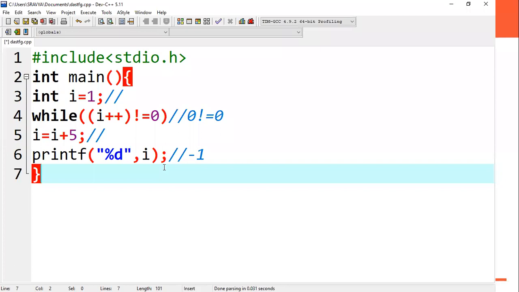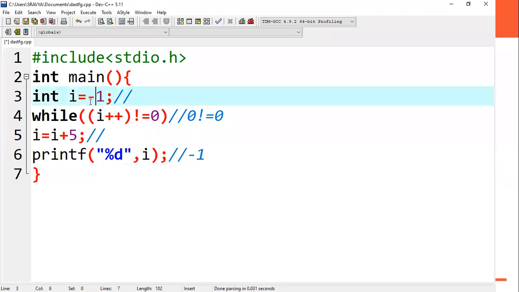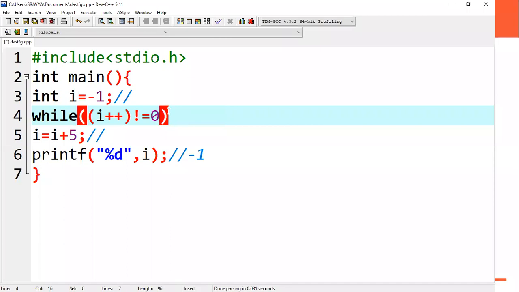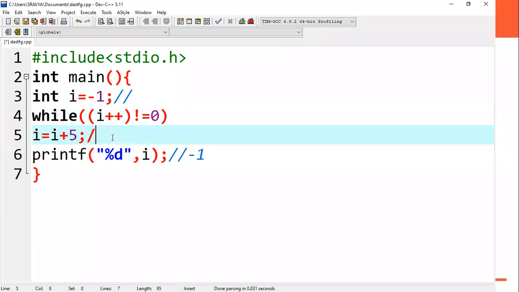If the i value is 1, it will run into an infinite loop because i will never become 0. We cannot consider that, so not possible. Maybe I can consider minus 1. Try minus 1, what will be the output?